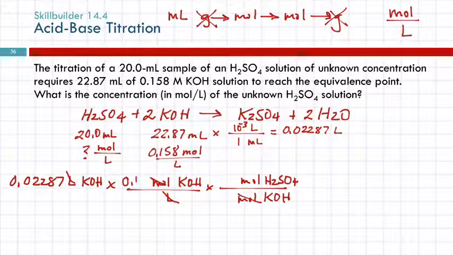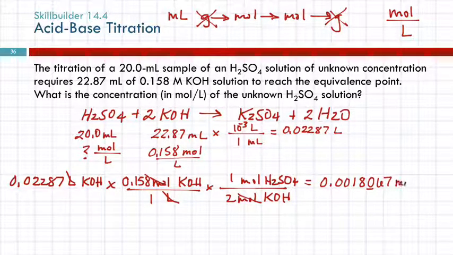So it's 0.158 moles per 1 liter. And then this is the mole ratio from the balanced chemical equation. 1 mole of sulfuric acid to 2 moles of KOH. 0.02287 times 0.158 divided by 2. 0.0018, 3 sig figs. And that is moles of H2SO4.